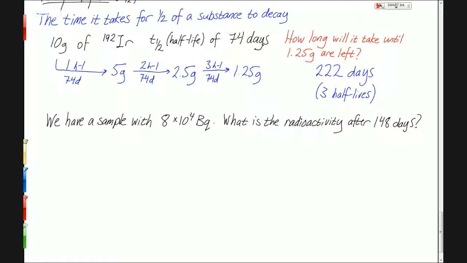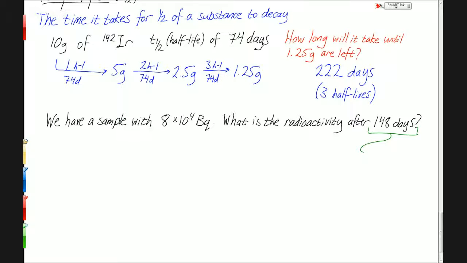So it starts as 8 times 10 to the 4th, or 80,000 becquerels. What is the radioactivity after 148 days? Well, we have to figure out how many half-lives that is. So how many half-lives is 148 days of this compound?